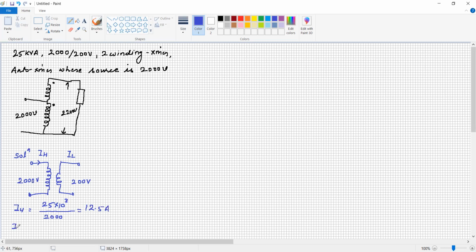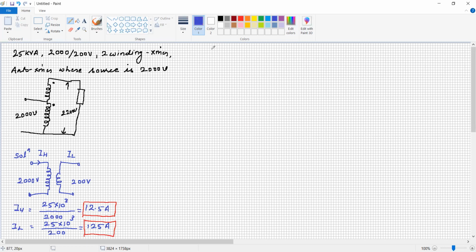The low voltage winding current is 25 into 10 raised to 3 divided by 200, equals 125 ampere. These are the rated currents in the HV winding and LV winding under full load condition.